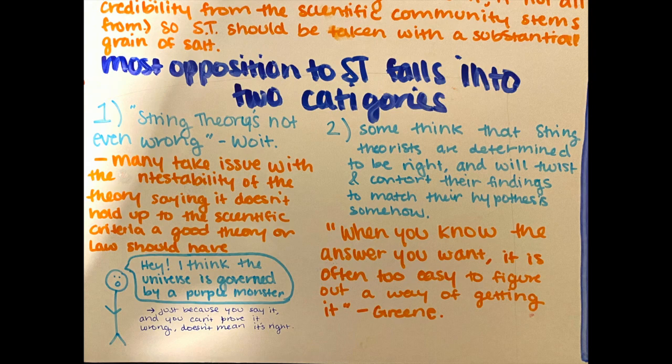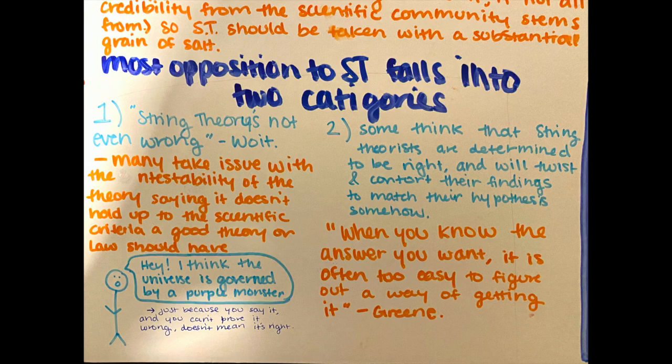And the second line of logic that opposition to string theory falls into is that some think that string theorists are determined to be right and will twist and contort their findings to match the hypothesis somehow. And a quote from the book I read for my independent study, The Elegant Universe: "When you know the answer you want, it's often too easy to figure out a way of getting it."